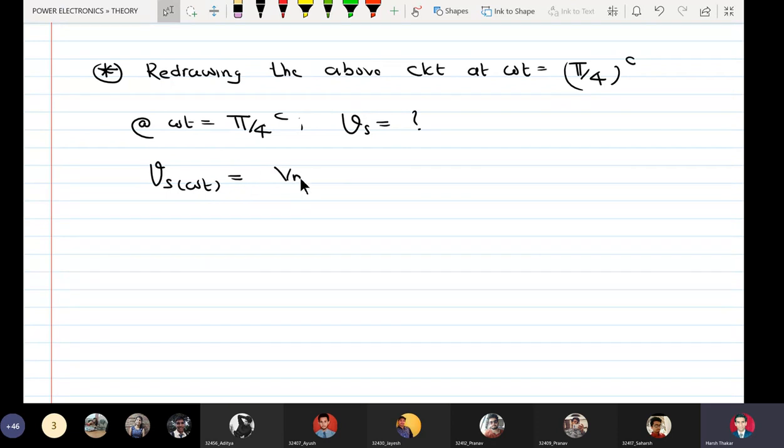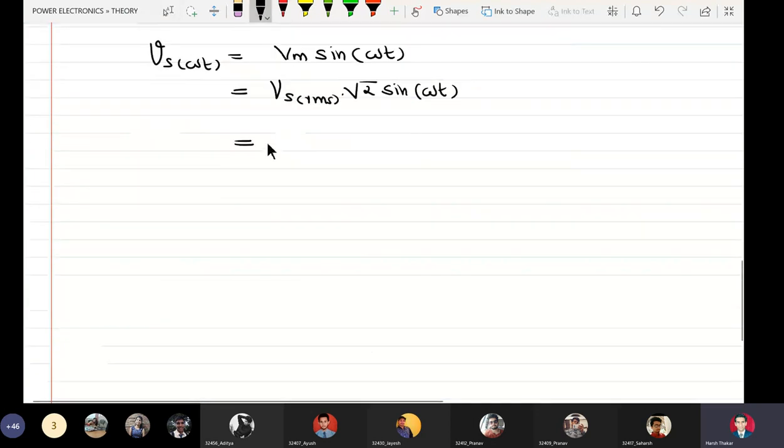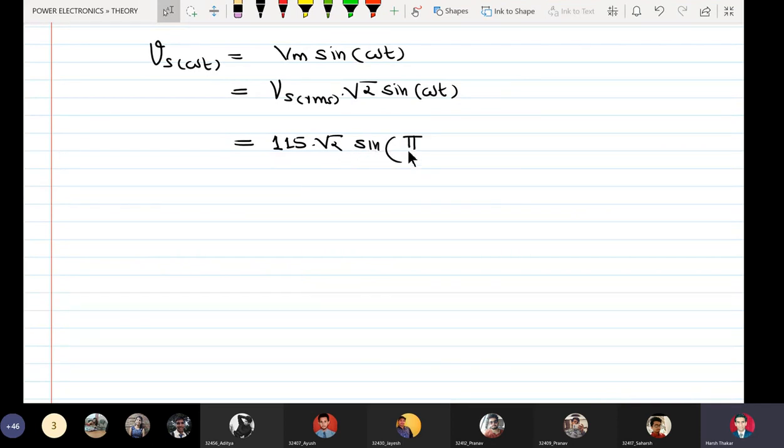Vs of omega t is equal to Vm sin omega t, which is the RMS value of source into root 2 into sin omega t. Vs RMS is 115, so it is 115 into root 2 into sine of pi by 4, and sine of pi by 4 is 1 by root 2. So ultimately it is 115 volts, right?